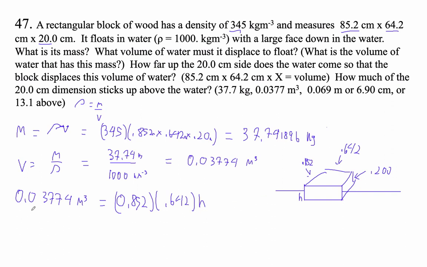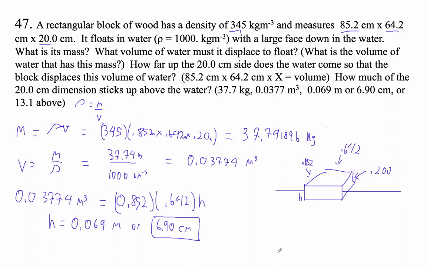Okay, so we can do this. So we take this number, divide by 0.852, divide by 0.642, and the distance up the side is 0.069 meters, or 6.90 centimeters. Yeah, that's interesting, right?